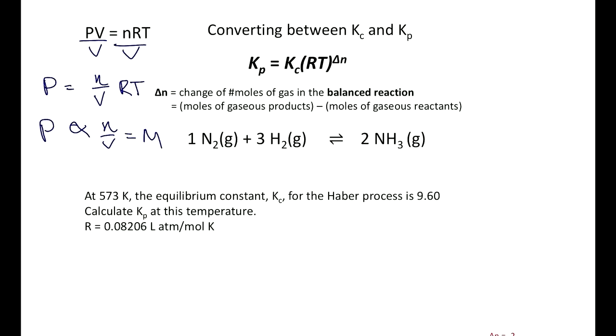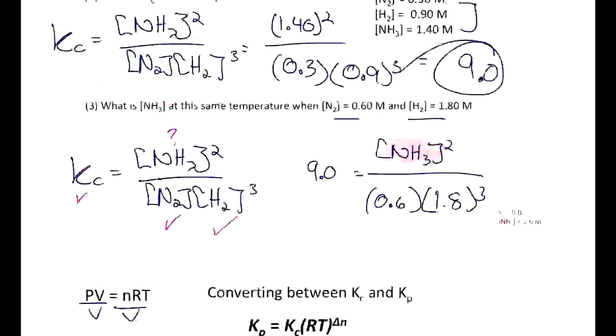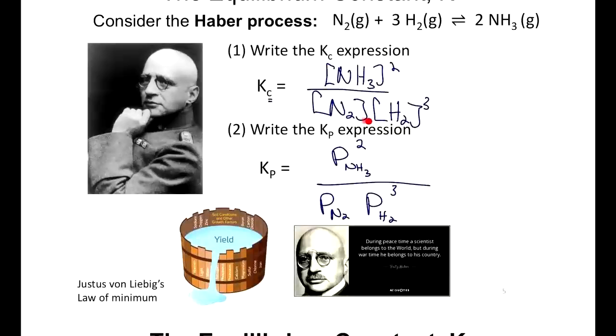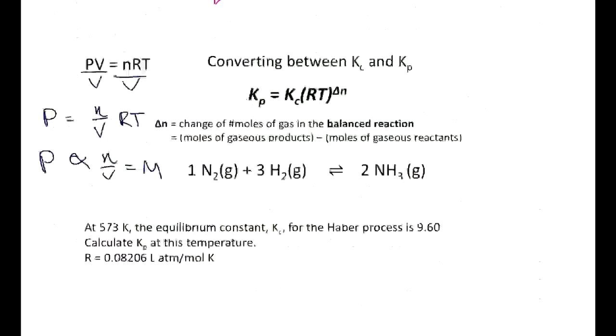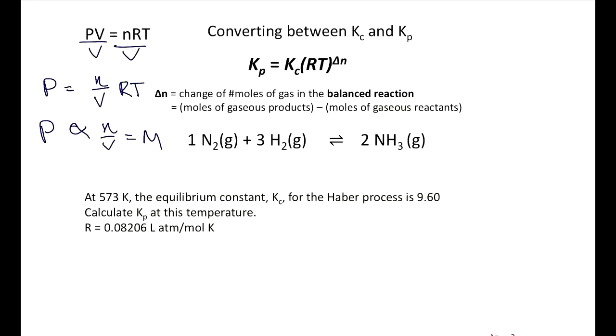Okay, so to convert between Kc and Kp, what we could do is convert every single one of these concentrations to pressure and then plug it into the pressure equation, but that's not necessary. We can combine it and use math logic and recognize that there's this factor of RT that relates pressure and concentration.